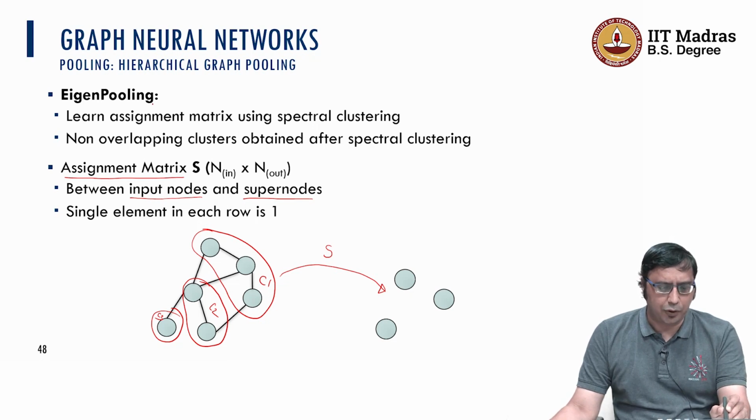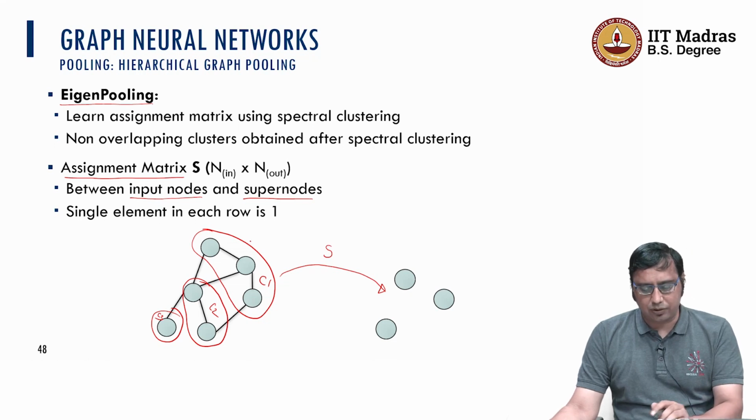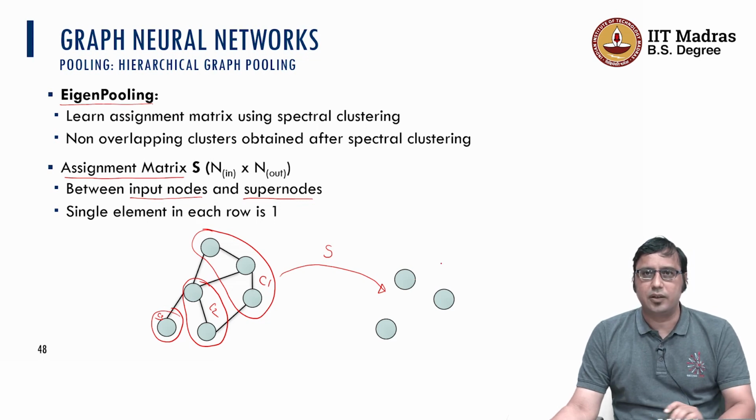And here we are going to use the concept of the Laplacian matrix and the concept of eigenvalues of the Laplacian matrix to generate a pooling operation and get a coarsened graph and the features associated with each super node in that particular coarsened graph.